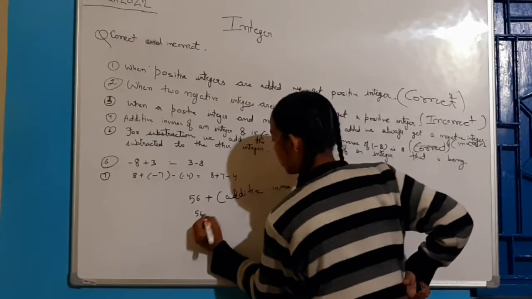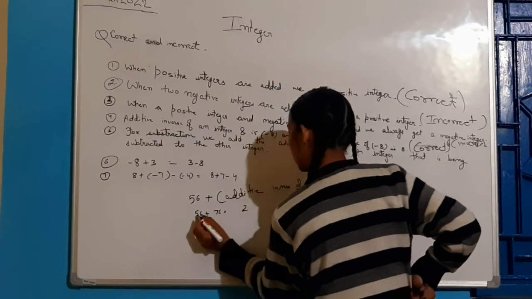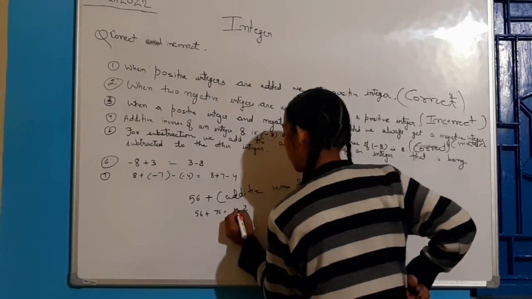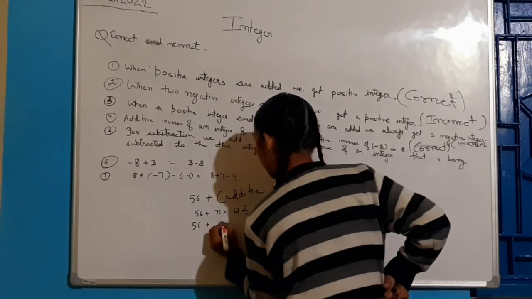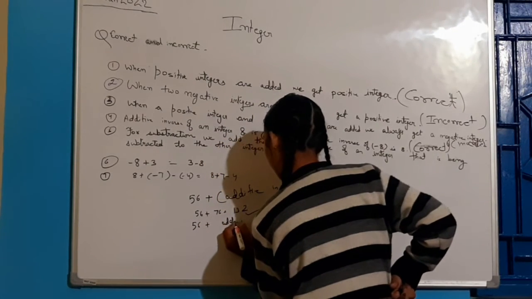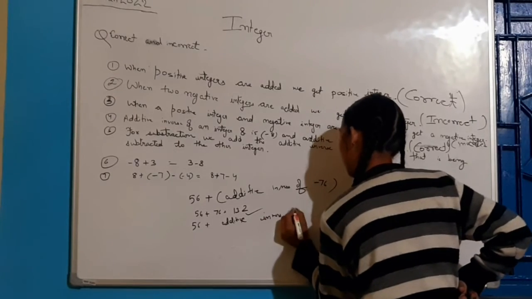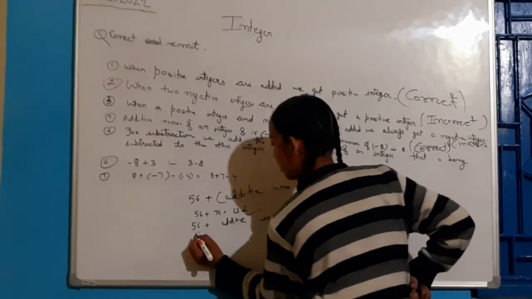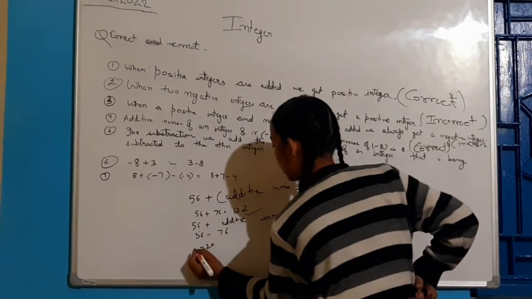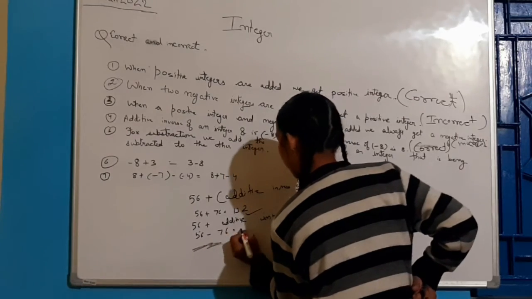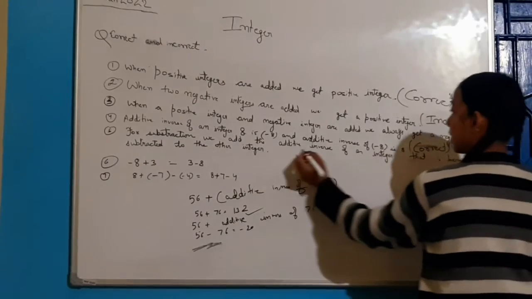We get 56 plus the additive inverse of -76, which is 76. And 56 plus the additive inverse of 76, that is 56 minus 76, is -20. That means it is correct.